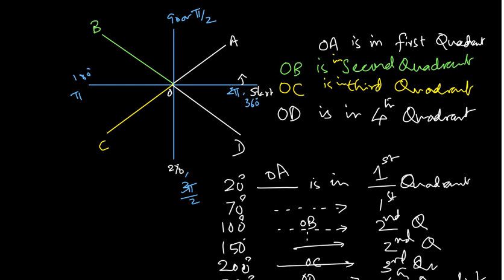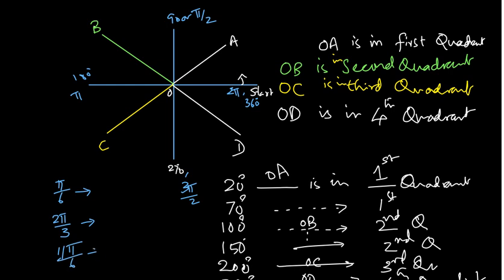For example, now I'll say pi by 6 is in which quadrant? Then 2 pi by 6, 2 pi by 3 is in which quadrant? And for example, you have 11 pi by 6, in which quadrant?